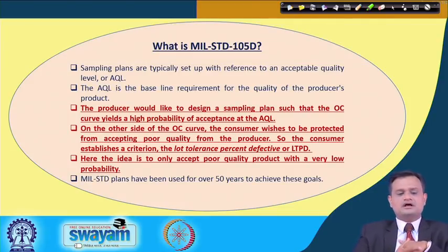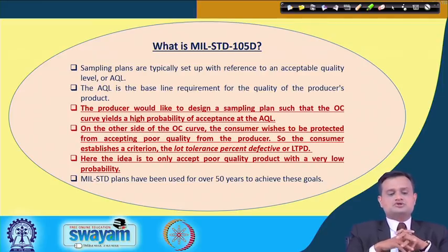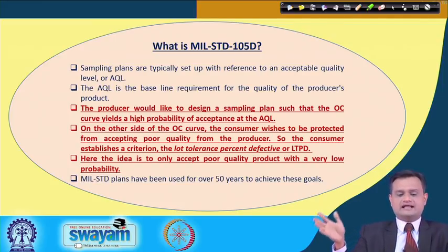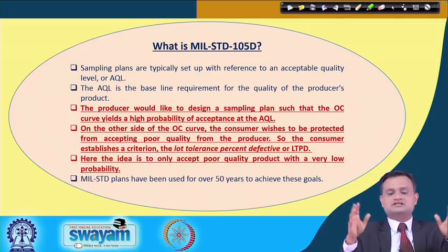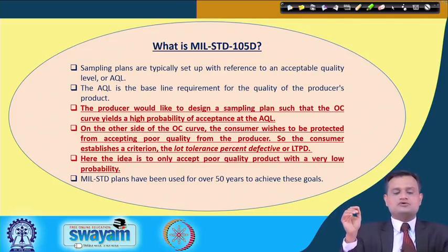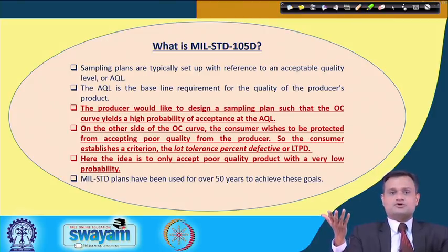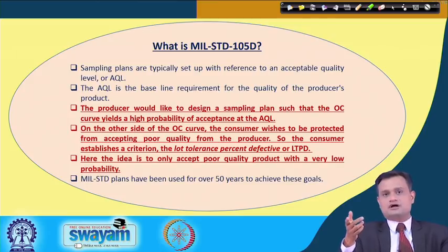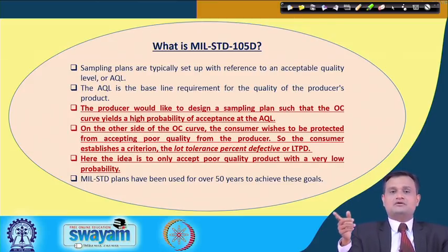Now here, what exactly would I like to do? The producer would like to design a sampling plan such that the OC curve yields a high probability of acceptance at AQL, that is, the acceptable quality level. Simultaneously, my consumer would like to have protection for the limiting quality level or LTPD at the beta percent.